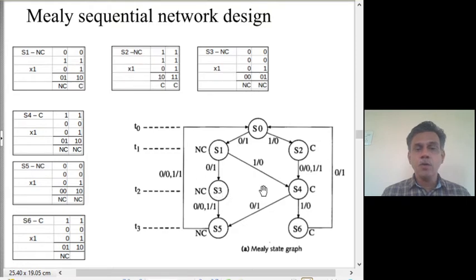Therefore, we should introduce a new state, call it S4, and put a label as 1 bar 0. In S1, when the input is 1, we produce a 0 and go to a carry state. So the label is 1 bar 0 and go to a carry state S4.